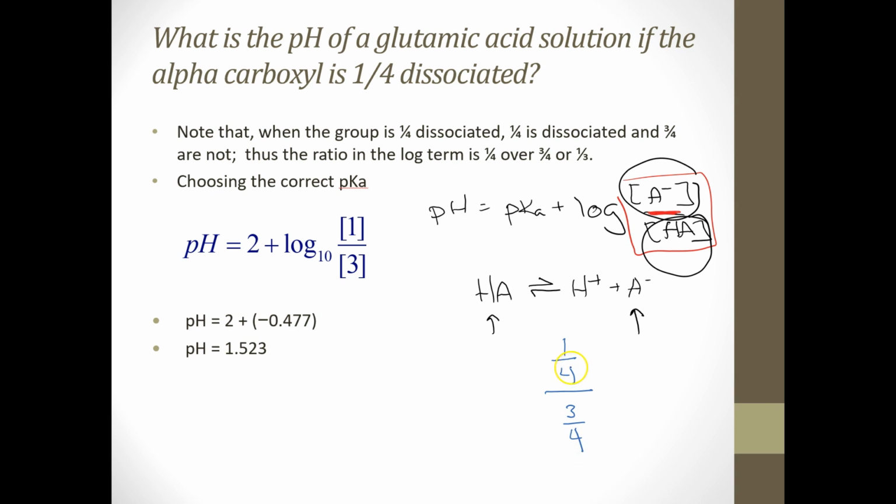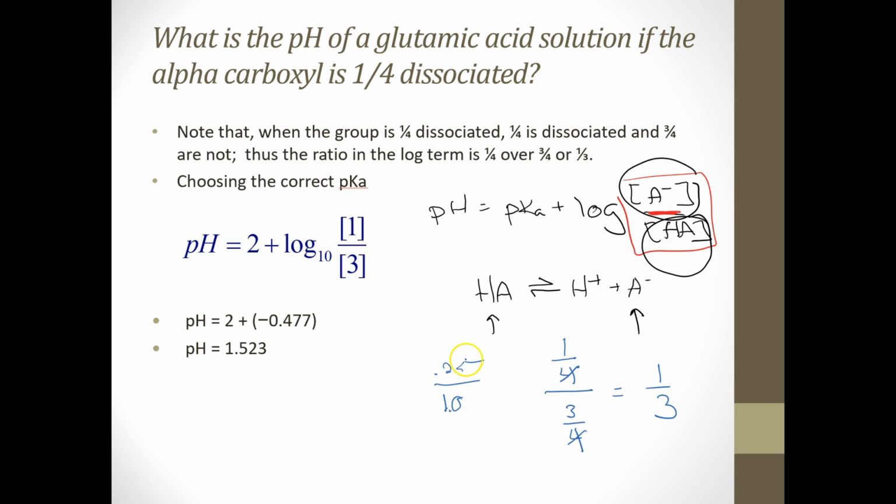What that means, if we just do a little bit of cancellation of our denominators, is that we have a 1-to-3 ratio. It's very common for people to hear, oh, it's 1/4 dissociated, so this is 0.25, and they go 0.25 to 1, and they end up with 1/4, and they get the wrong answer.